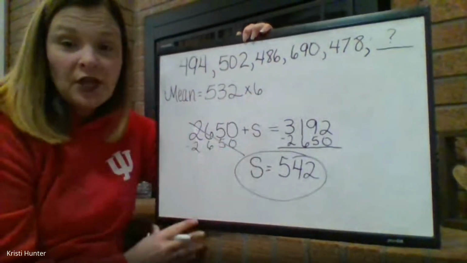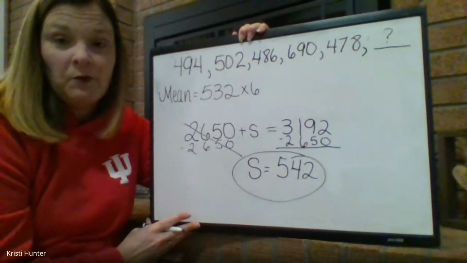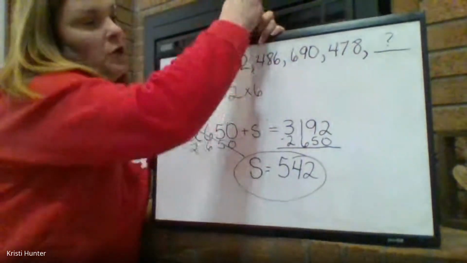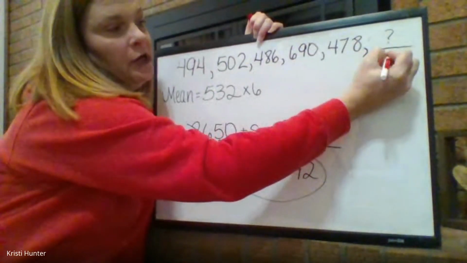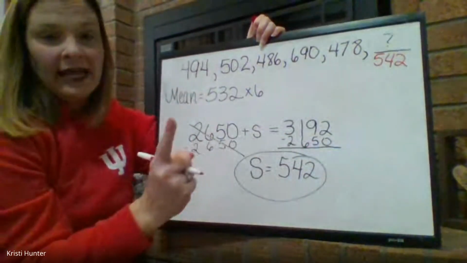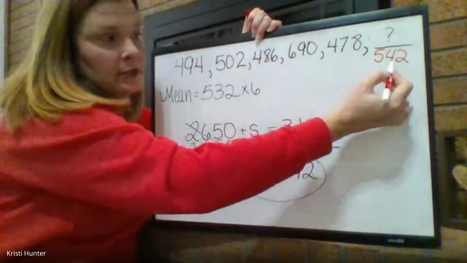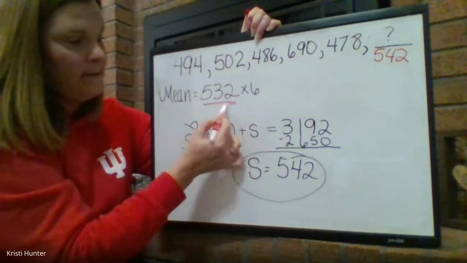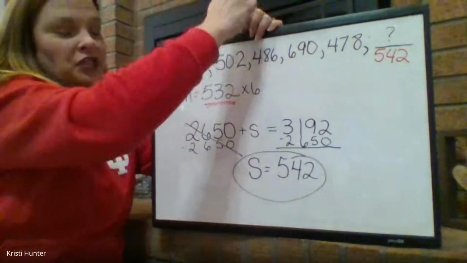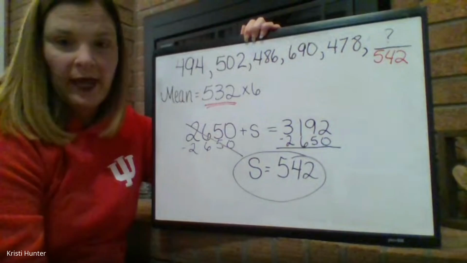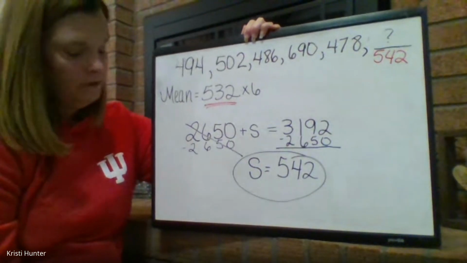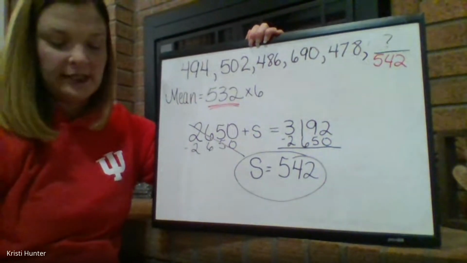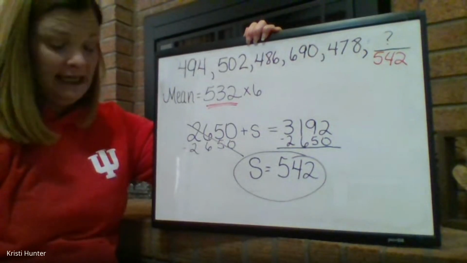You can always go back and check yourself by doing what we did yesterday. If you found that 542 is the missing number here, you could do exactly like Xander said. Add up those and then divide by 6, and you should get this mean back if you wanted to check yourself. Okay? All right. What questions can I answer about today's lesson?